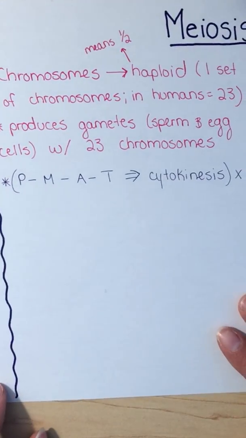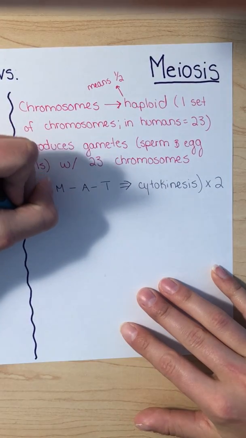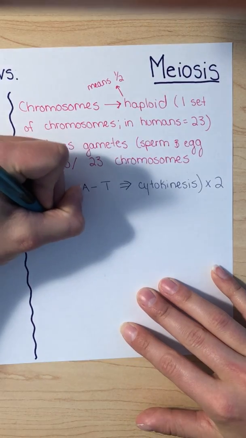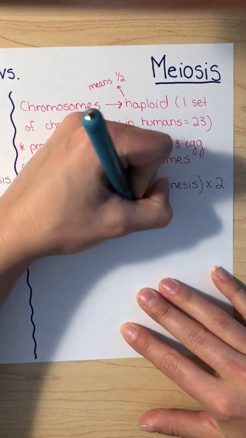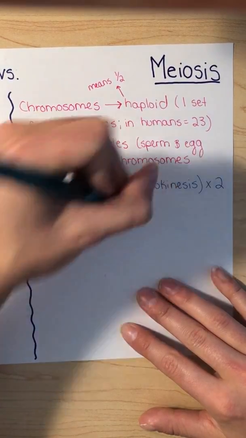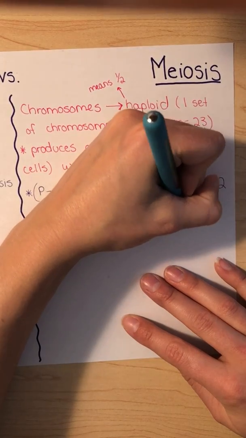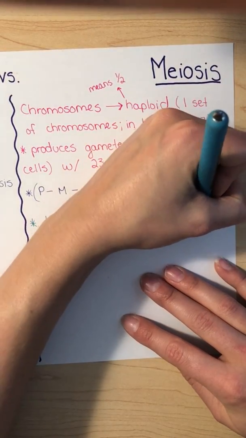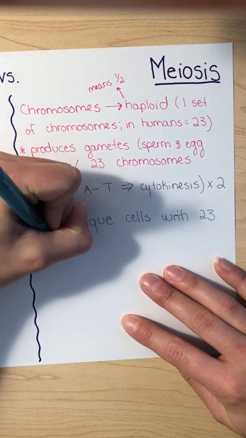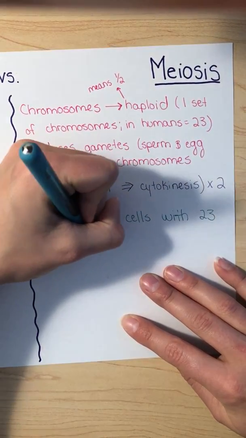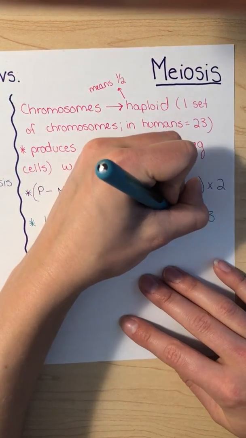But in meiosis, it's a little bit different, okay? Meiosis produces 4 unique cells with 23 chromosomes. Whoops.